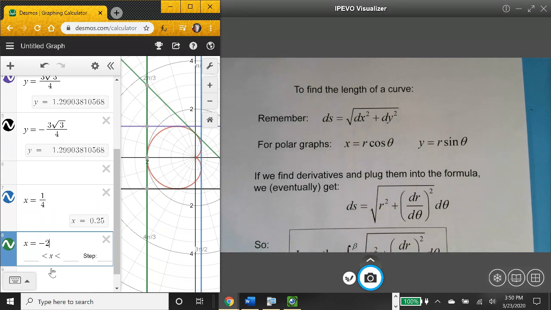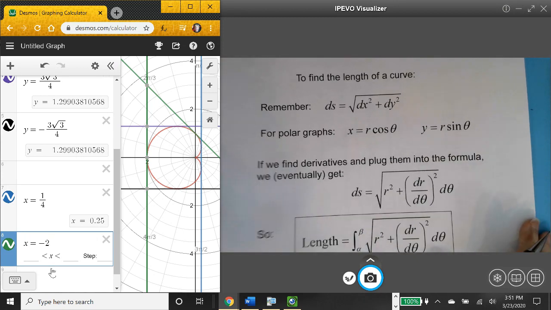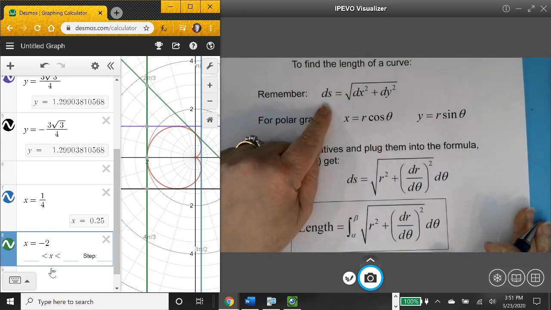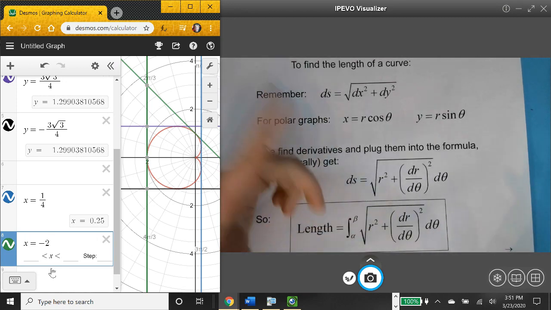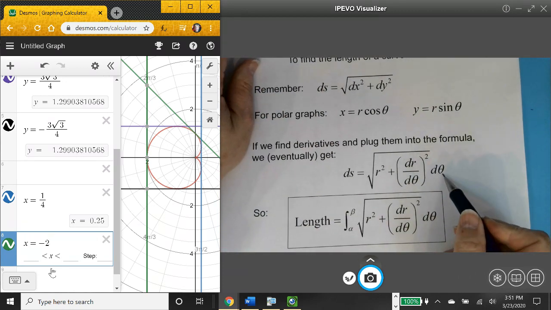Or if you have a parametric curve, it's the integral from t1 to t2 of the square root of (dx/dt) quantity squared plus (dy/dt) quantity squared dt. And now when I've got the length of a polar curve, I have to take into account arc length, because that's r theta. And so it's going to be like r d theta.